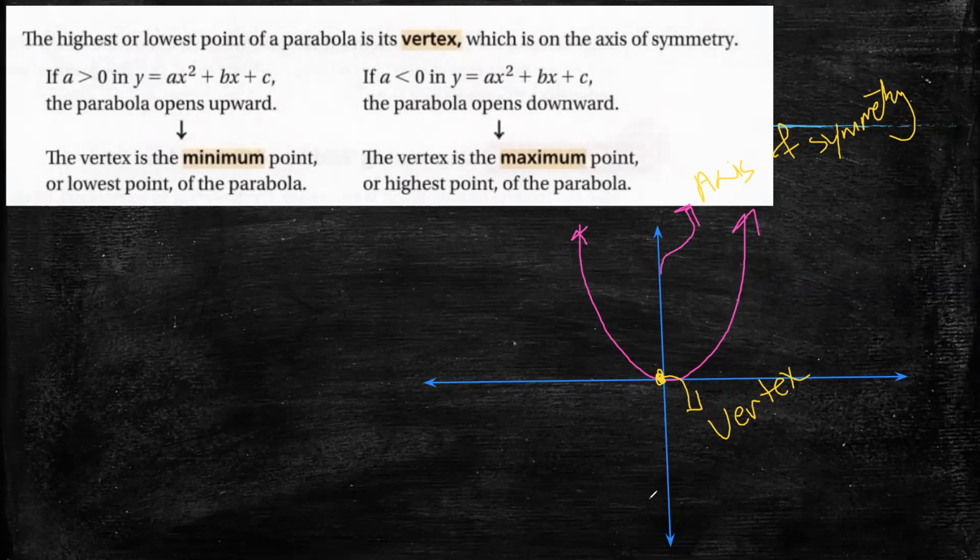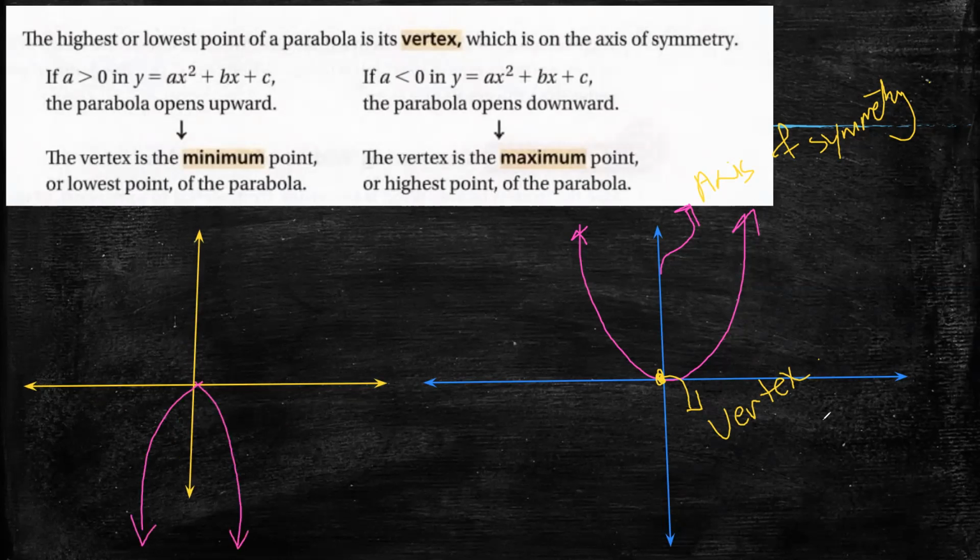Now, sometimes it's like this. This is a U-shape and this is a U-shape. In both cases, this is the line of symmetry. Or sorry, the axis of symmetry. Let's change the color first.